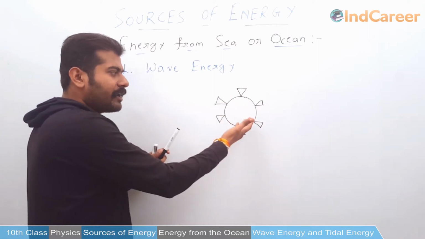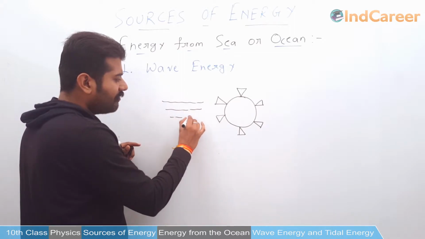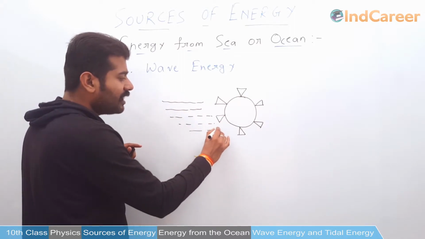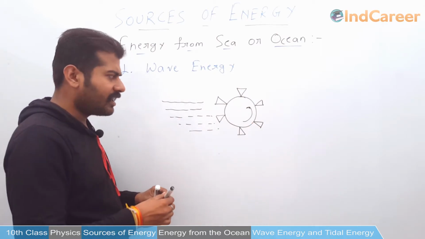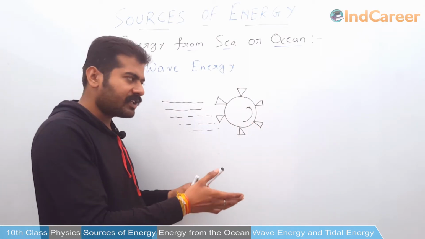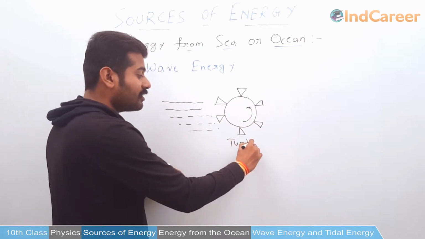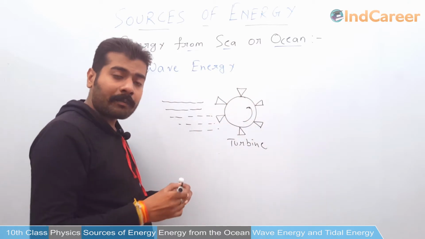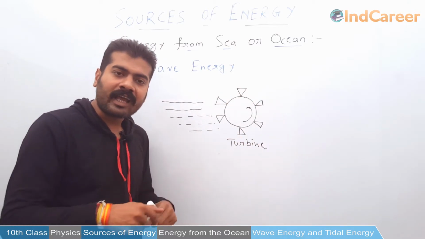Whenever the high waves come and interact with this wheel, it will be rotated in some direction, either clockwise or anti-clockwise, and due to the rotation of this turbine wheel, we can connect a generator with the turbine's shaft, and when the generator rotates, electricity can be produced.